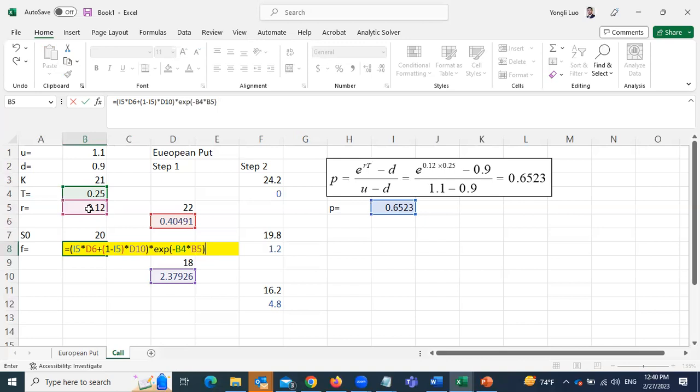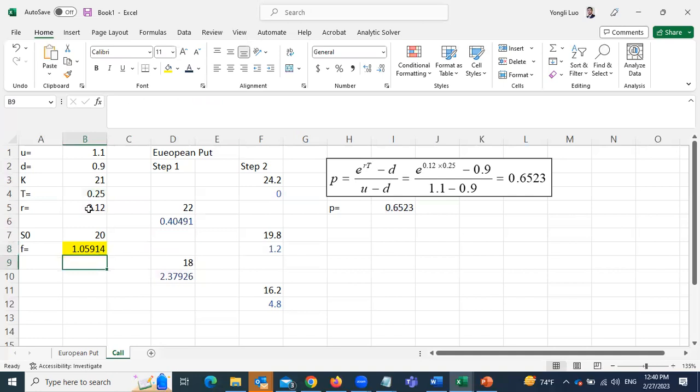Okay, so we still need another one to calculate the American put option. Okay, so now we close the parentheses. That's 1.059. That is the put option price for the option.